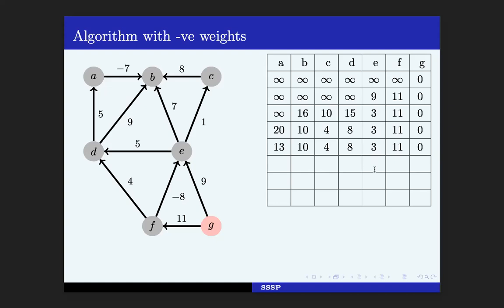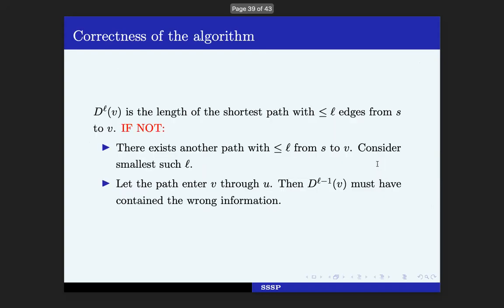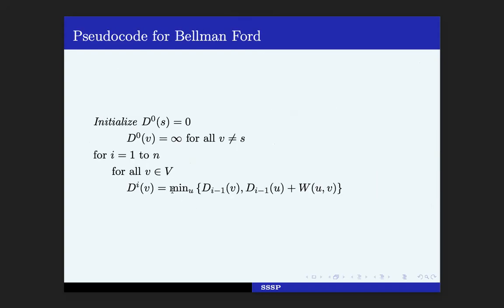I want to compute the shortest path from S to E in whatever 1, 2, 3, 4, 5 steps, right? So look at this deduction here. You are doing it by taking a minimum over all possible U's. How many U's are there at most?